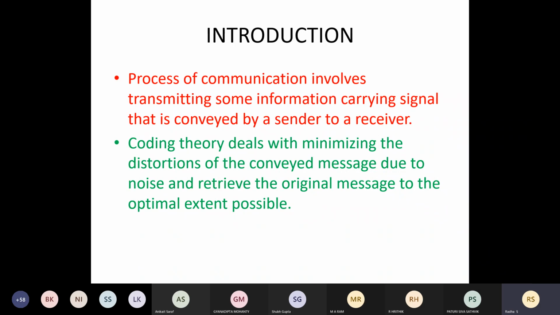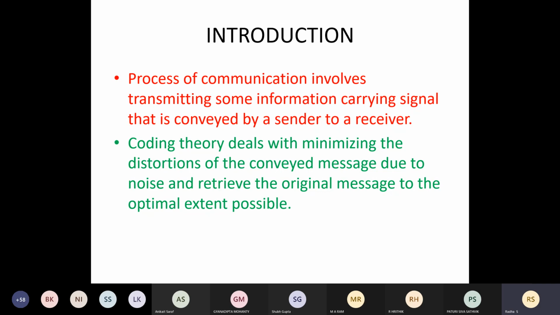So the process of all communication always involves transmitting some information that should be conveyed by the sender to the receiver properly. Okay. So what is the use of this coding theory? It helps us minimize the distortions, meaning the problems that are being created.